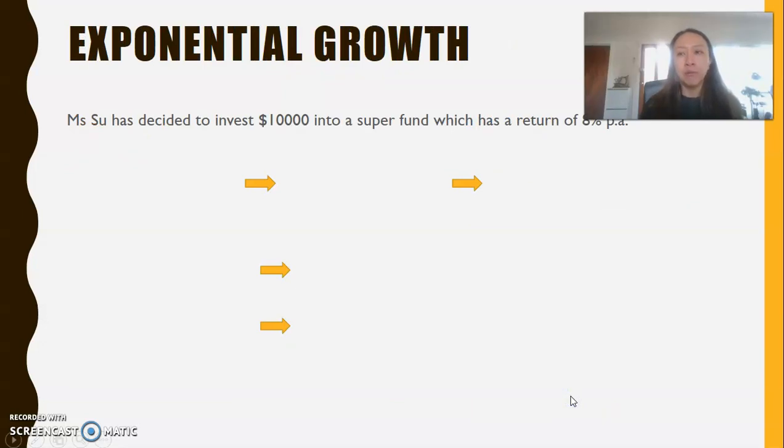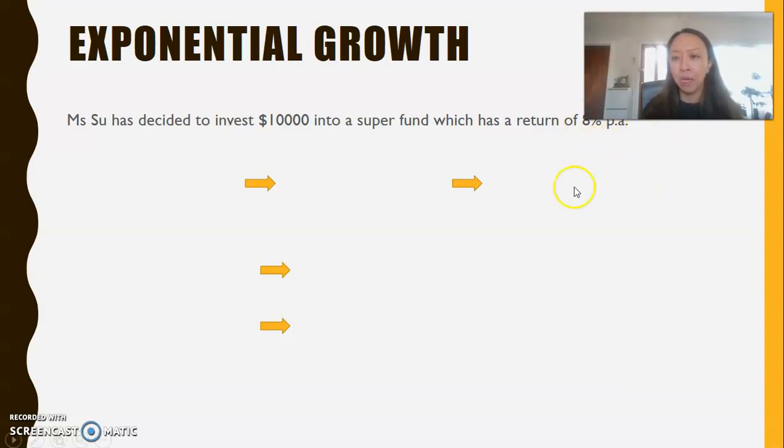So if we look at a question related to exponential growth, for example, Misu has decided to invest $10,000 into a super fund, which has a return of 8% per annum.